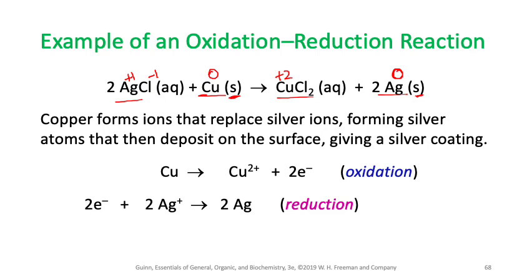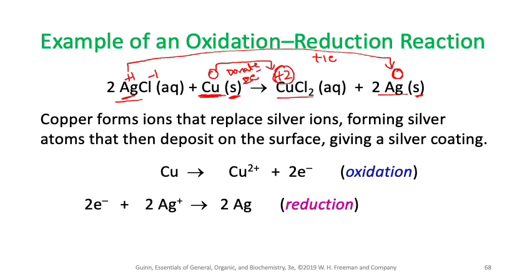That means silver is undergoing reduction because it's going from +1 to 0 charge by taking one electron. What about copper? Before the reaction the charge on copper is 0. After the reaction, what's the charge on copper in the compound? +2. How is it possible to go from 0 to +2? That means it donates 2 electrons.